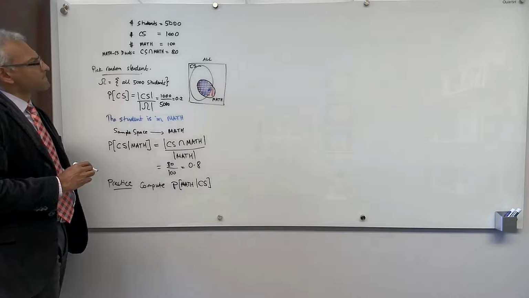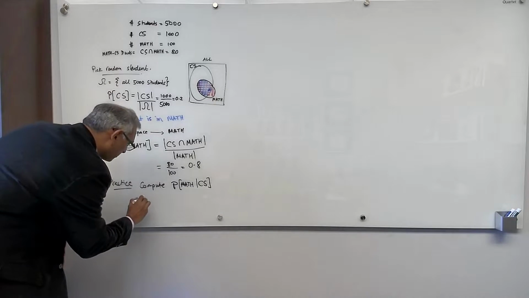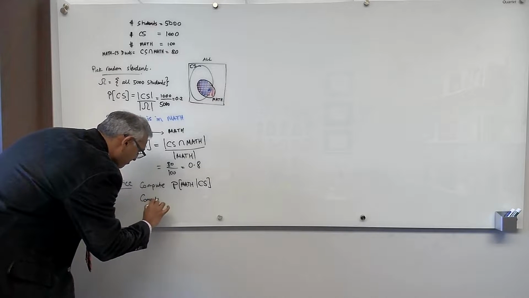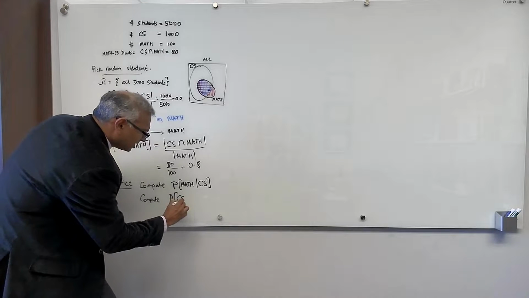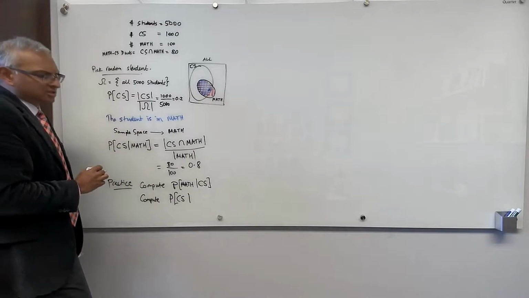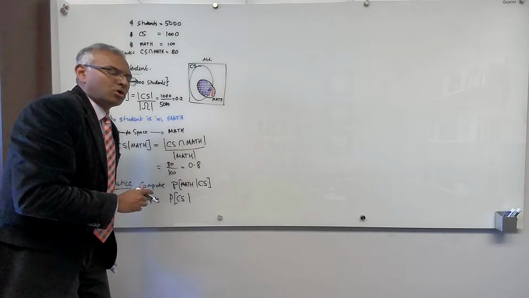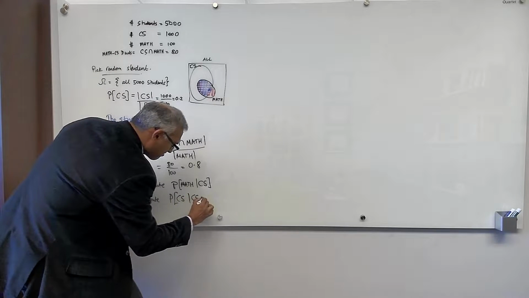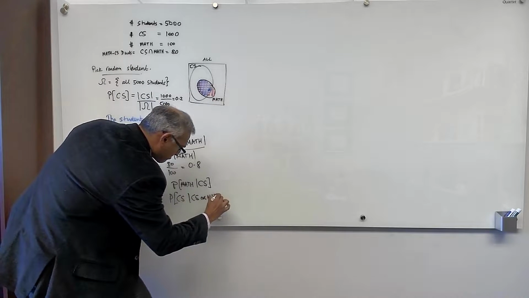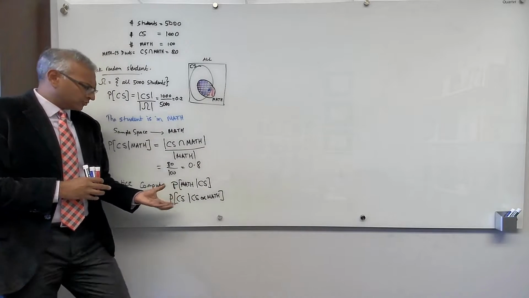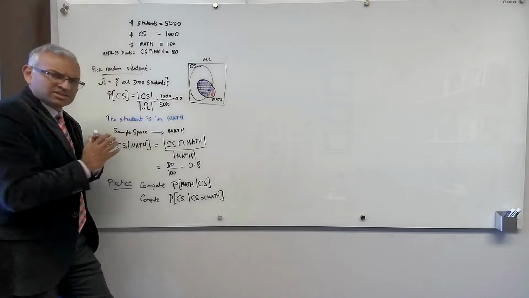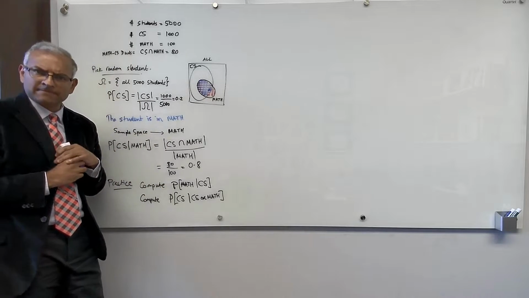And compute the probability that a random student is a CS major if you're told the additional information that they're in CS or math. So this is practice for you to see if you can apply this reasoning to these two problems. Okay, and we'll move on.